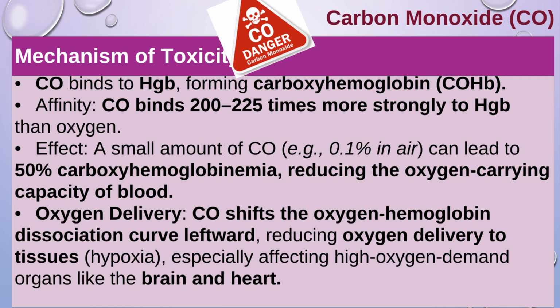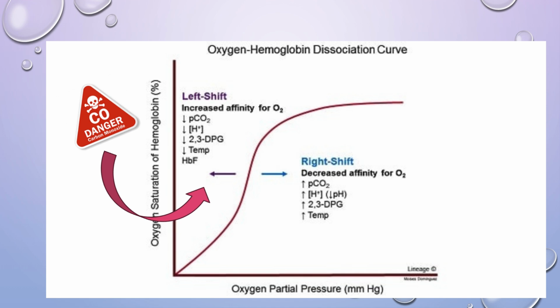If it's going to the left, meaning there's a reduction in oxygen delivery to the tissues, the patient will succumb to hypoxia, especially affecting organs with high oxygen demand, like the brain and the heart.